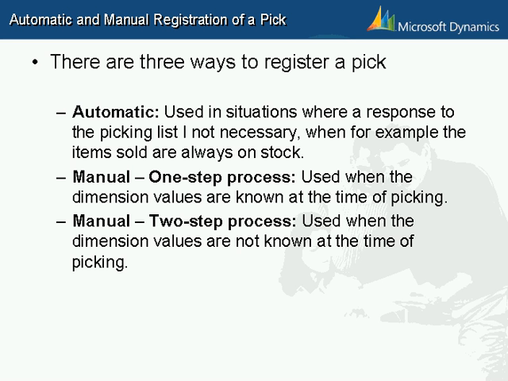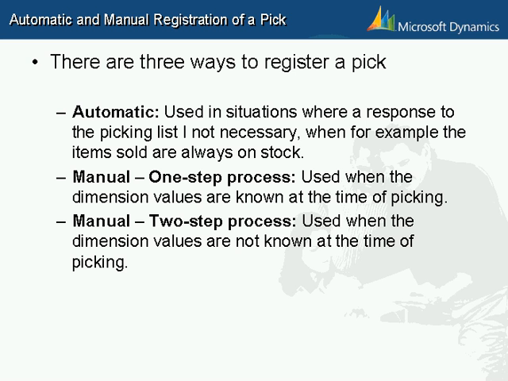Manual registration of the pick. We have two steps. One-step process. This process is used when the dimension values are known at the time of picking and can be specified during the pick process. So the process involves registering the actual dimension values when you post the pick. And two-step process.